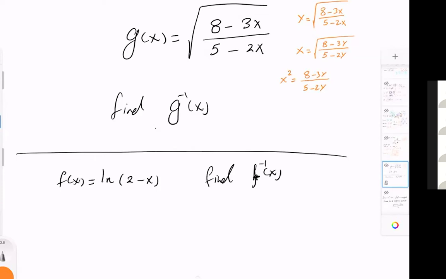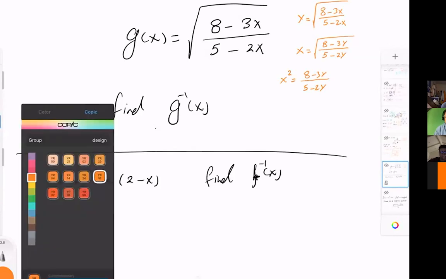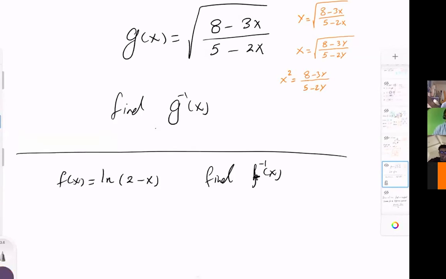You can listen to me now and then take a picture of the screen, but I put this online, so it would be good to follow how I solve. In order to solve for y, I'm going to cross multiply. I get 5 minus 2y multiplied by x squared equals 8 minus 3y.